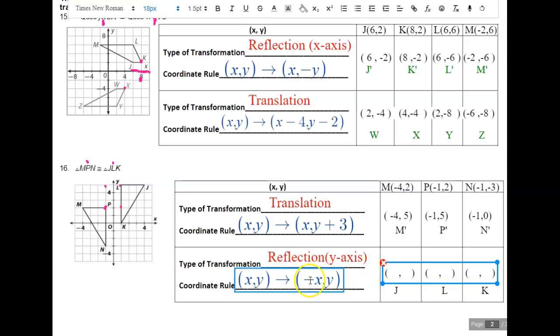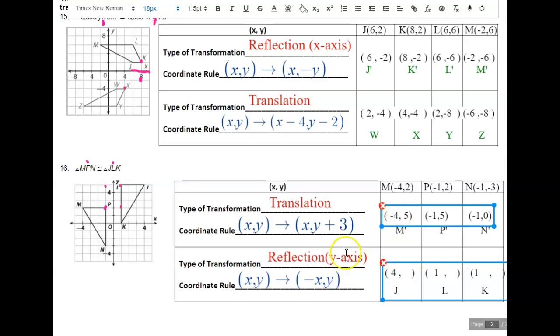And then right here, we're going to do the opposite of x, right? For each of these x's, negative will become positive. So each one of these, we have 4, 1, and 1. Right? And then the y's stay the same. So 5, 5. Clean this up a little bit.